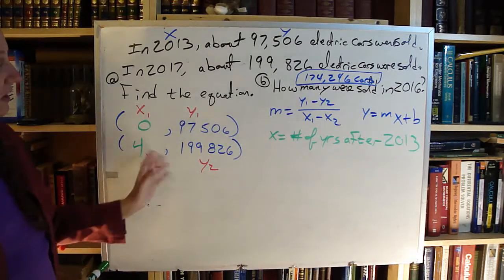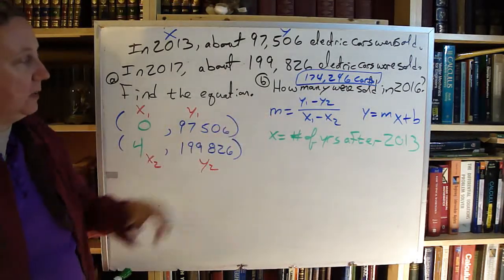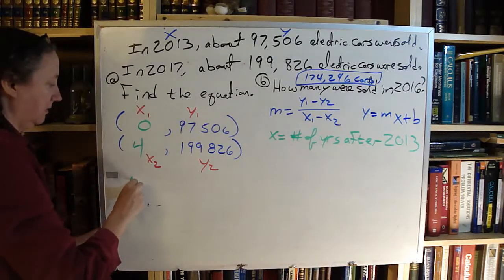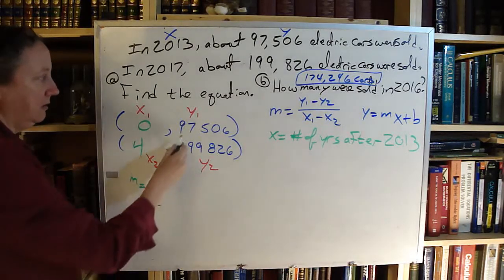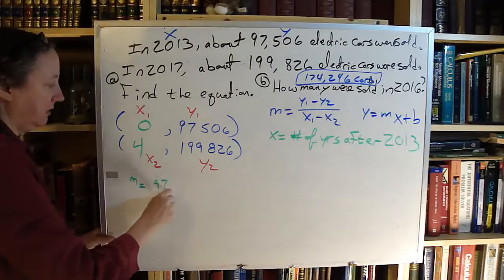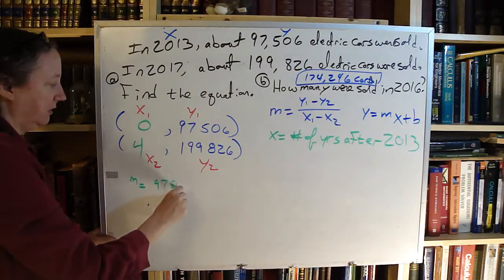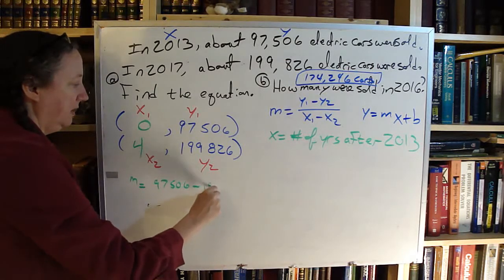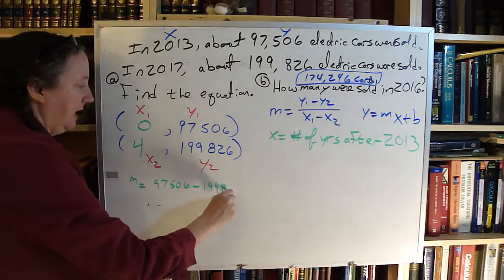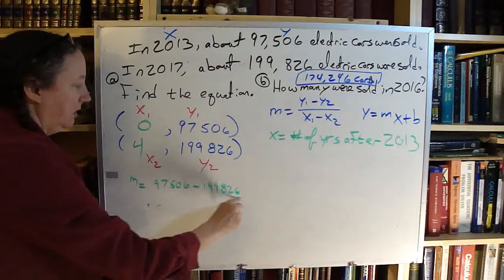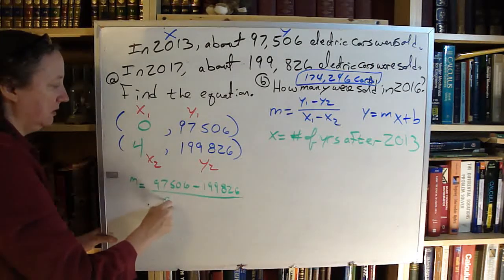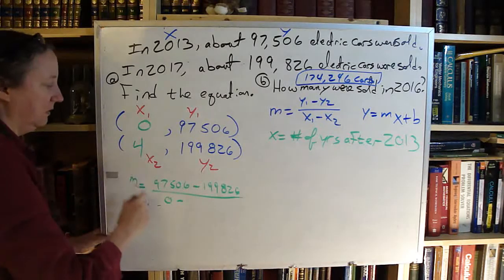So now I take these numbers and I plug them into my equation. M equals Y1, 97,506, minus Y2, 199,826, all over x1, 0, minus x2, 4.